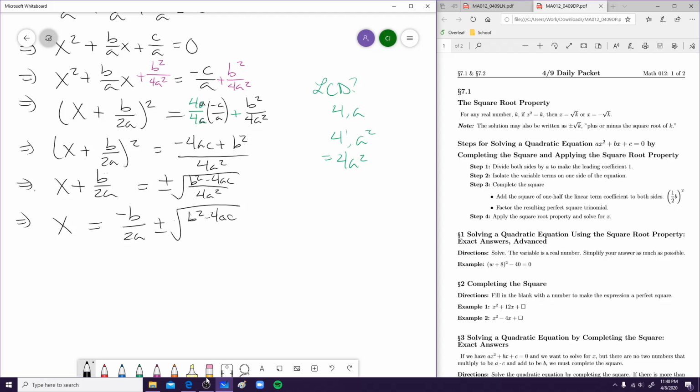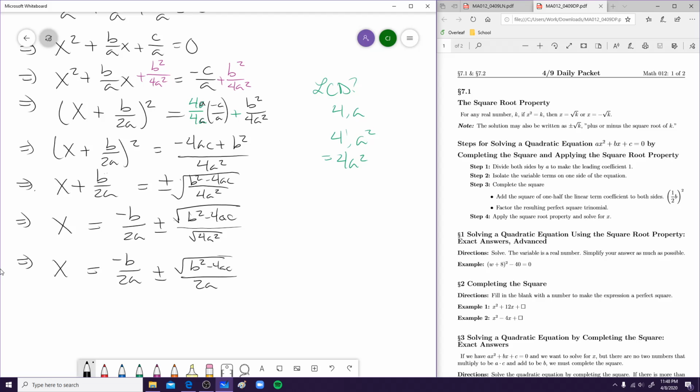We can use the division property, so this can be the square root of b squared minus 4ac, and then this is the square root of 4a squared. The square root of 4a squared is 2a, because 2a times 2a is 4a squared. So then we get negative b over 2a plus or minus the square root of b squared minus 4ac all over 2a.